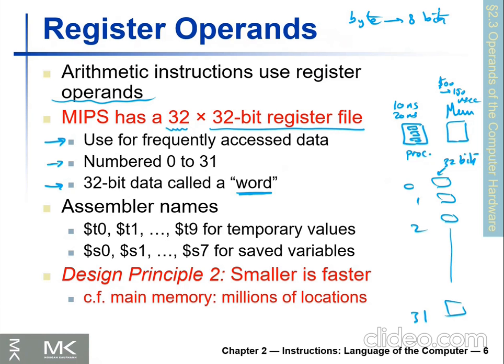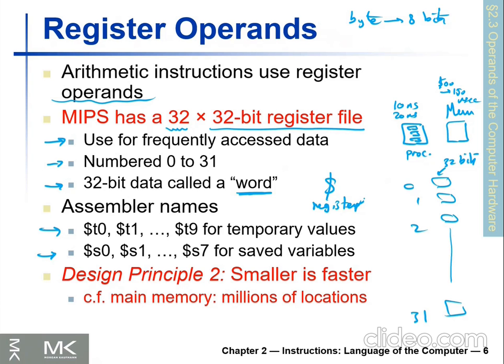Some others have other functions that we're gonna cross by in this course, but not now. So for example, you have 10 of them for temporary data values, from T0 to T9. And for saved variables, registers S0 until S7. And the dollar sign here means the register. So this is just to say this is a register.